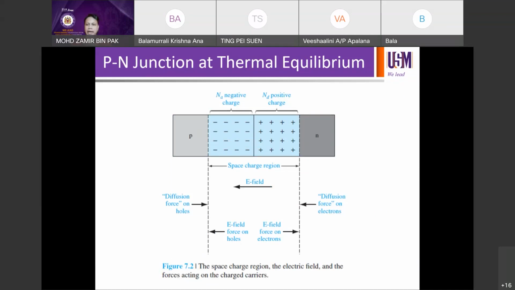Kalau you tengok ada text or references or question asking for whatever in the depletion region or in the space charge region, it's referring to the very same thing, same region, region yang ada ion charges positive and negative on both sides. And the electric field that you have is pointing in this direction on the left, and you're going to have a diffusion of holes and electrons beforehand, right?